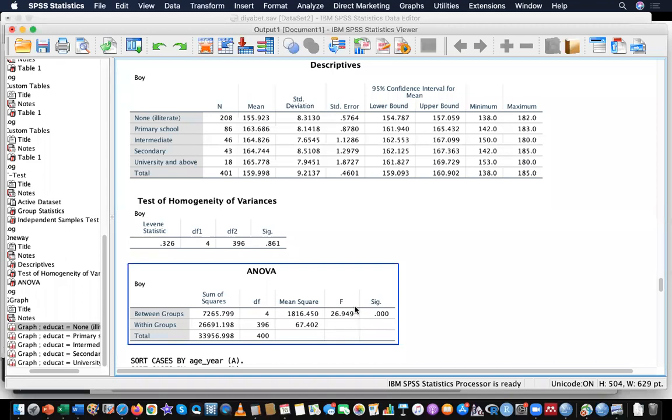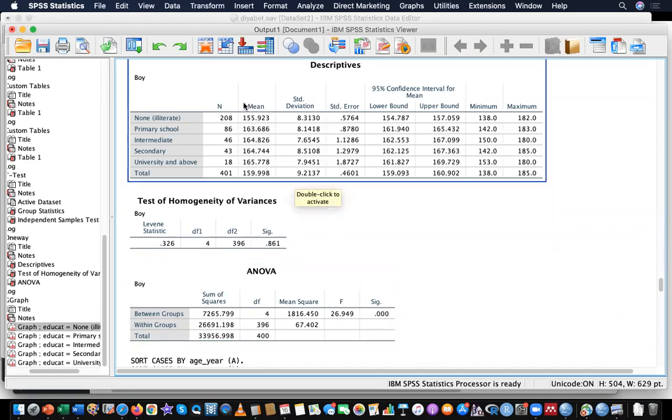As a result of the F distribution, it gives us the p-value, which is here very small. The p-value is less than 0.05. So there is a significant difference between the different education categories concerning the mean height.